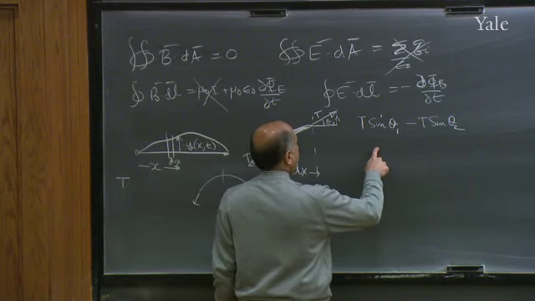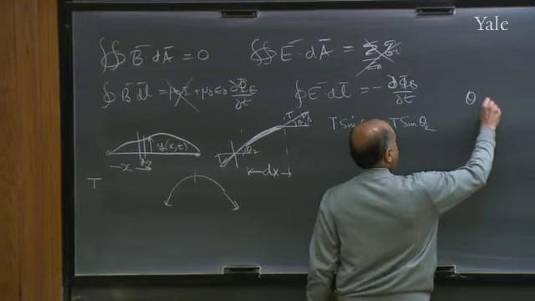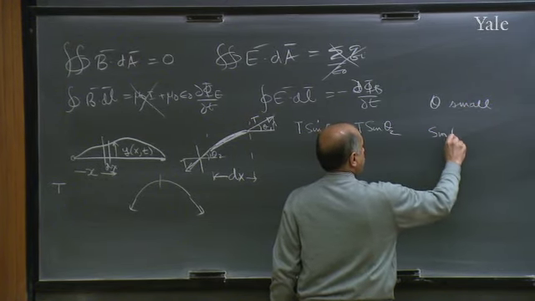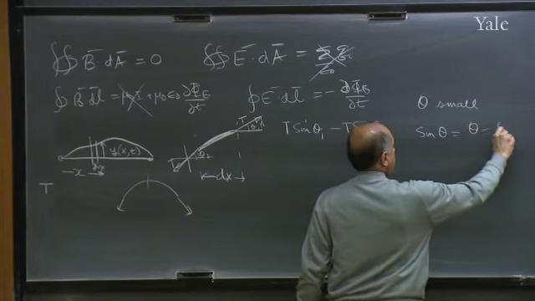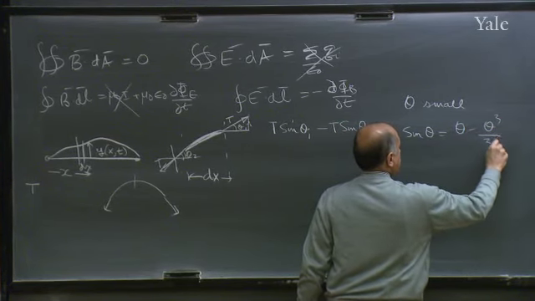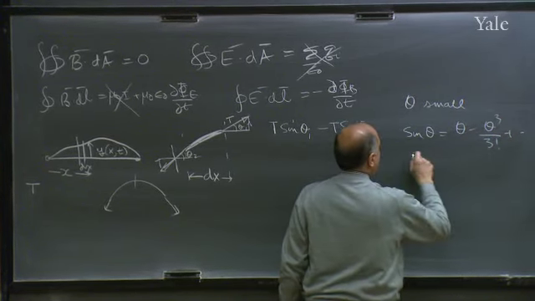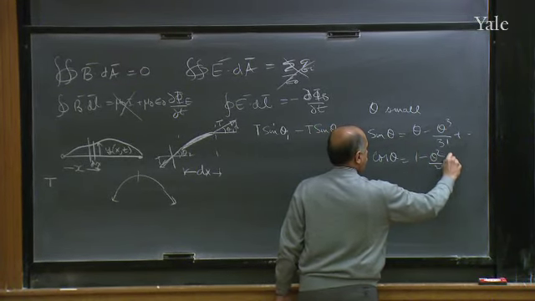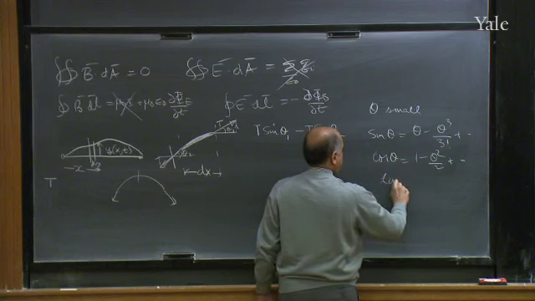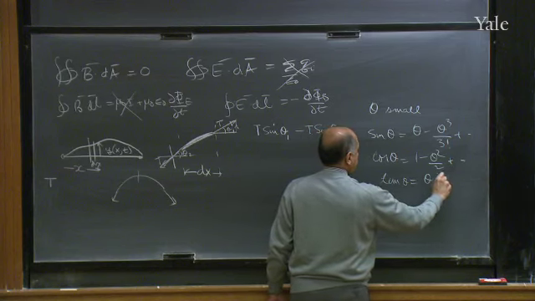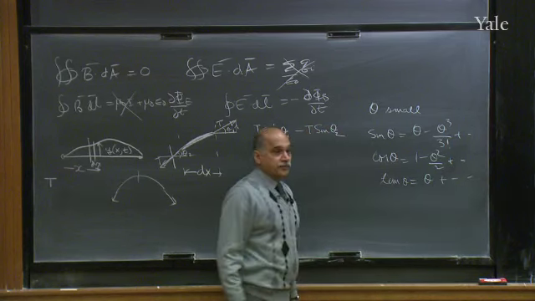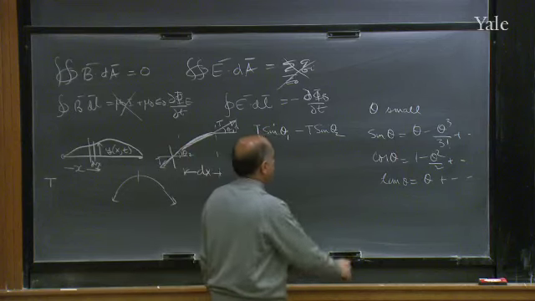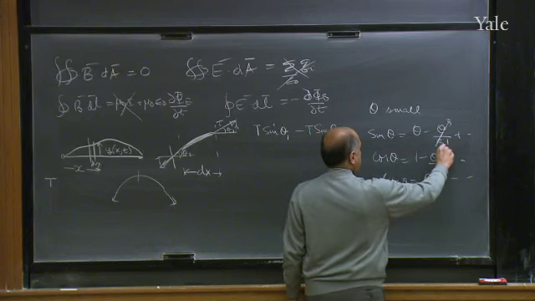Now, the approximation I'm going to make is that theta is small, measured in radians, and I remind you that sine theta is essentially theta minus very small corrections, and cosine theta is 1 minus theta squared over 2 plus corrections, and tan theta, which is the ratio of these guys, is theta plus other corrections. For very small theta, you forget that, you forget that.